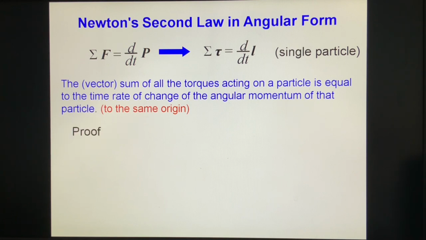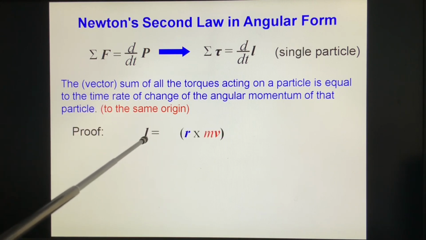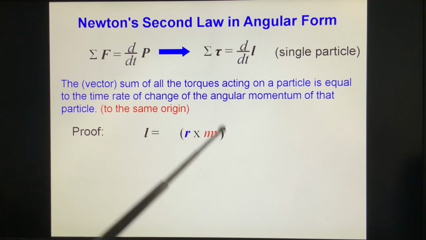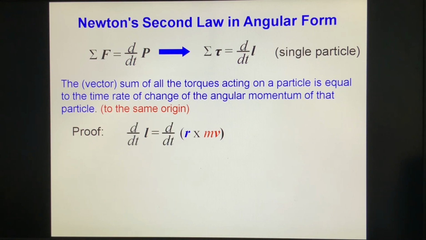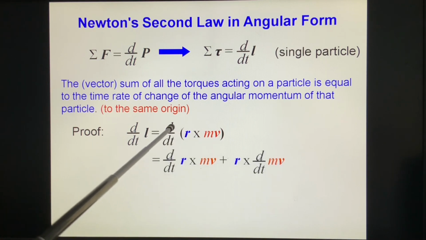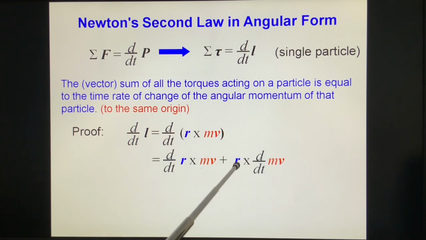Let me prove it. You see, by definition, the angular momentum L equals r cross mv. We take the derivative with respect to time t on both sides. This is two terms, so we differentiate the first term multiplied by the second, and then differentiate the second one multiplied by the first.